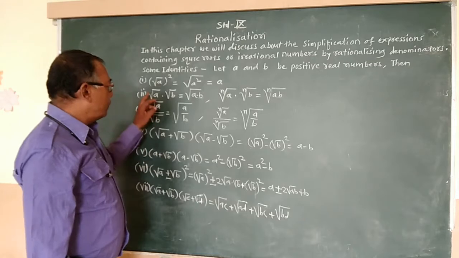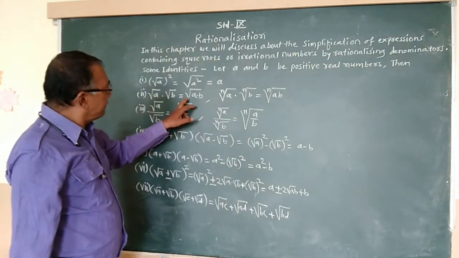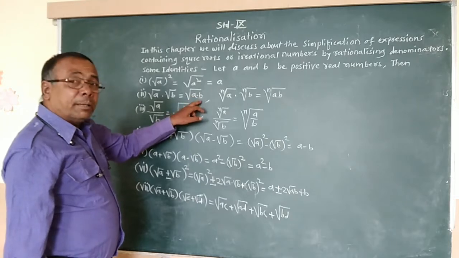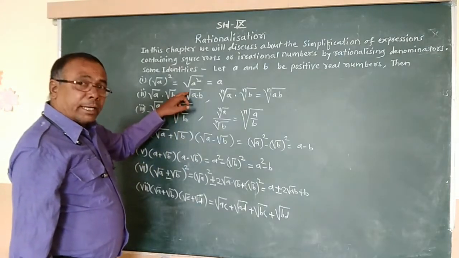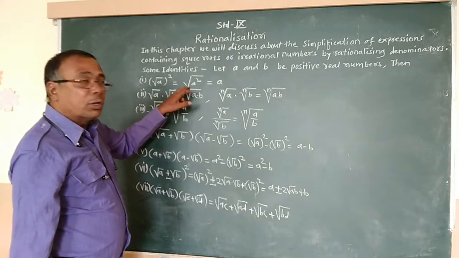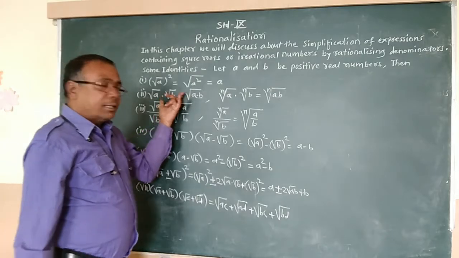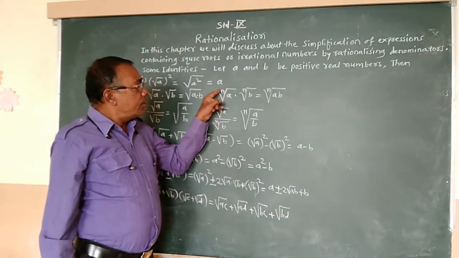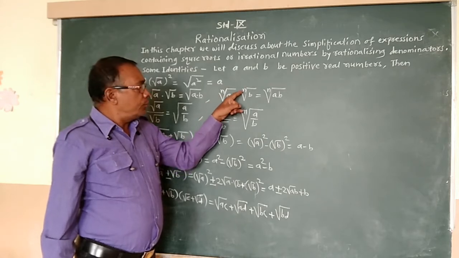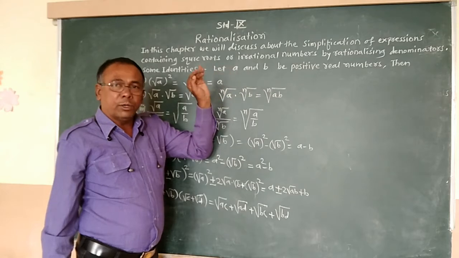Therefore, we can write the multiplication in the same radical sign having order 2. The identity can also be represented as nth root of a into nth root of b is equal to nth root of ab.